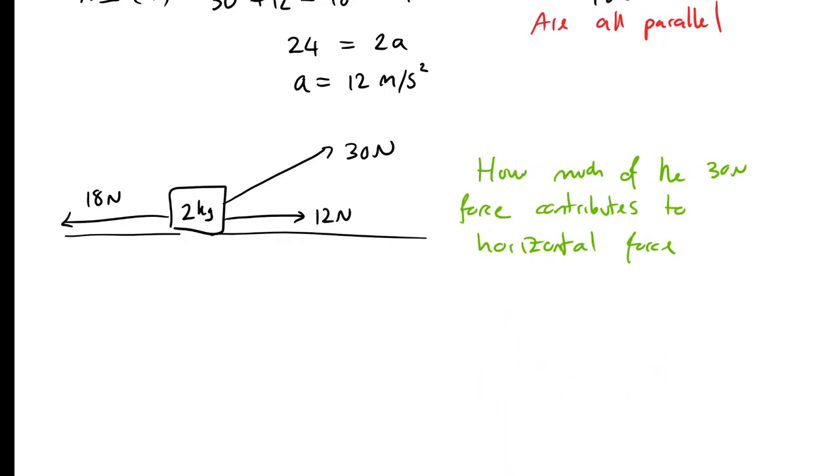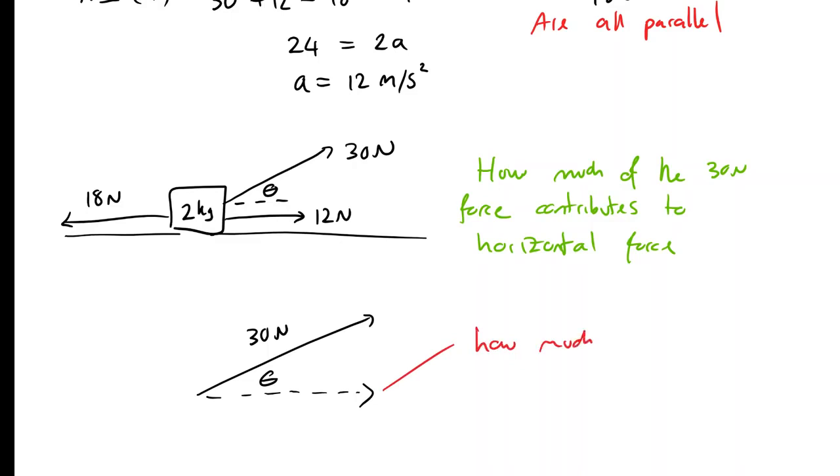And this is why we use components. If we break the 30 Newton force down, and we'll say that the angle was theta, this dashed component just drawn here, we might as well call that how much the 30 Newton force pulls right.